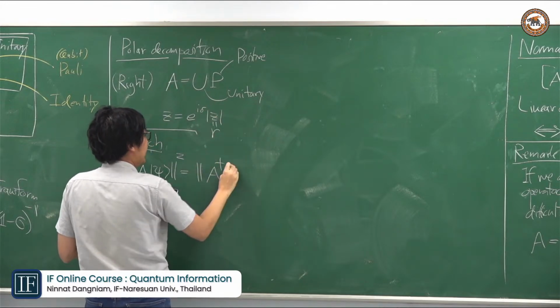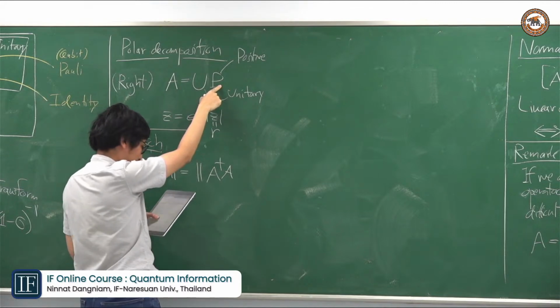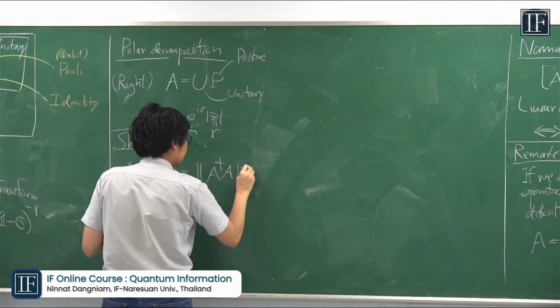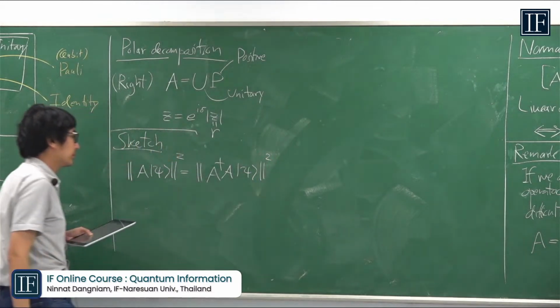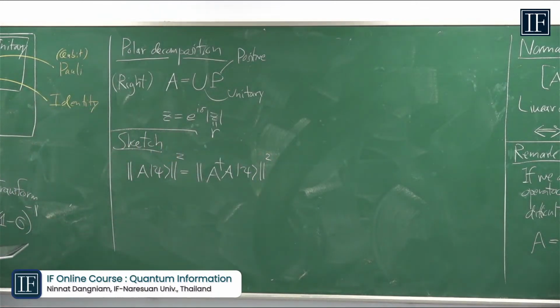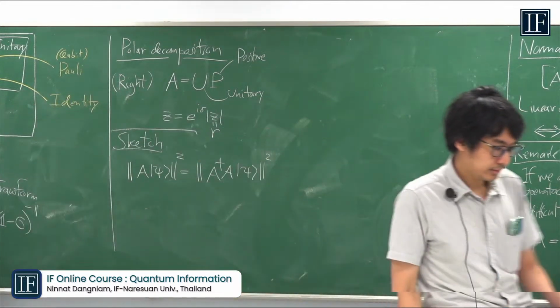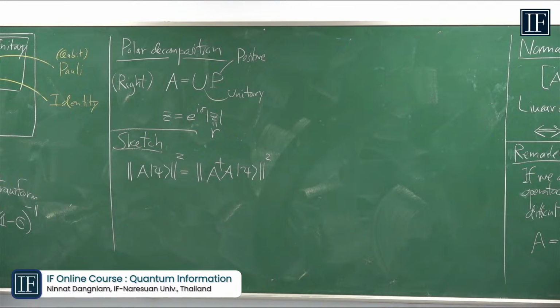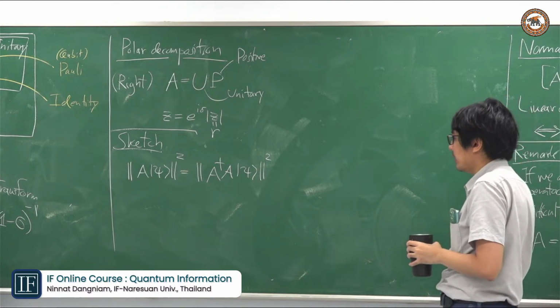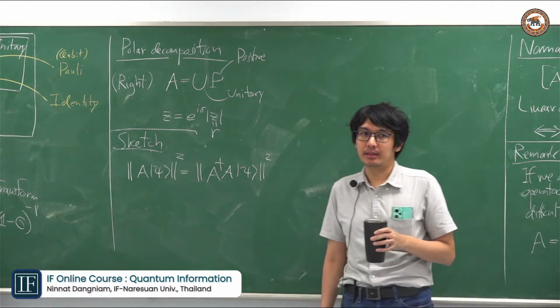Do you have any idea of what this P should be? The positive part. It must relate somehow to A, right?